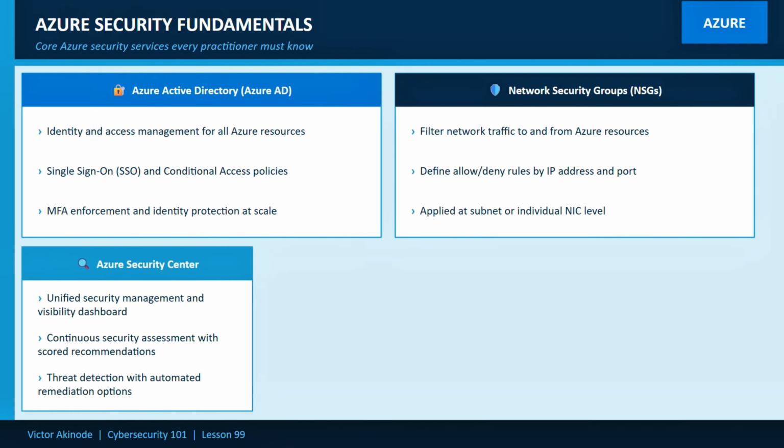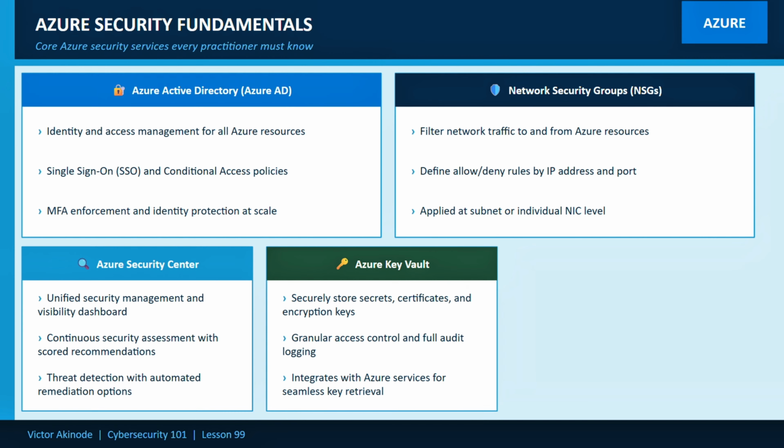The next one is the Azure Security Center, and this has a unified security management and visibility dashboard. It also includes continuous security assessment with scored recommendations. Lastly, it has threat detection with automated remediation options. The fourth one is the Azure Key Vault, and this securely stores secrets, certificates, and encryption keys.